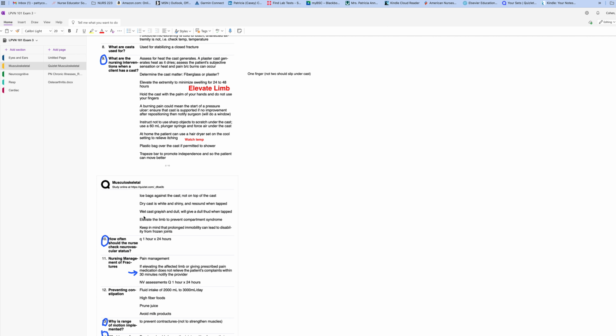Elevate the limb to prevent compartment syndrome. So that's going to be a theme, whether they have a cast, surgery, or they're pre-op with trauma, okay? Keep in mind that prolonged immobility can lead to disability from frozen joints, okay? How often should the nurse check neurovascular status?